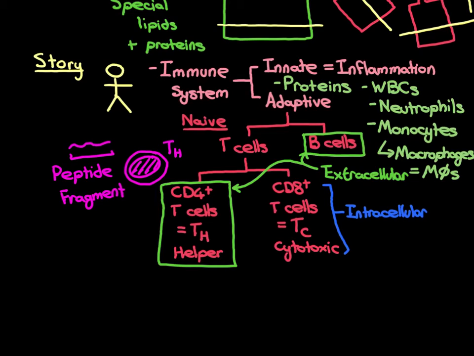So, you have a massive, great population of helper T cells within your body. All of them are directed against peptide fragments. So they all have a unique peptide fragment that they are directed against. And the peptide fragments that they are directed against should not appear in self-proteins.